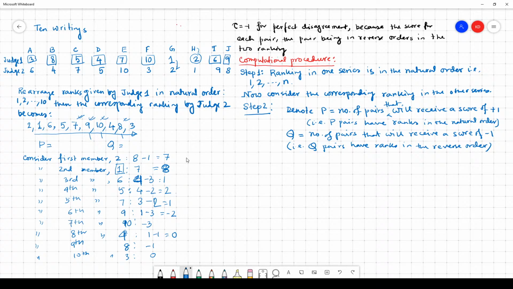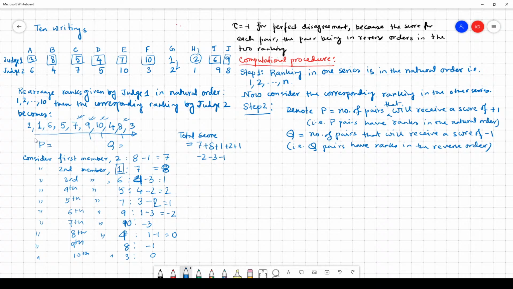So in that case, total score is 7 plus 8 plus 1 plus 2 plus 1 minus 2 minus 3 minus 1.